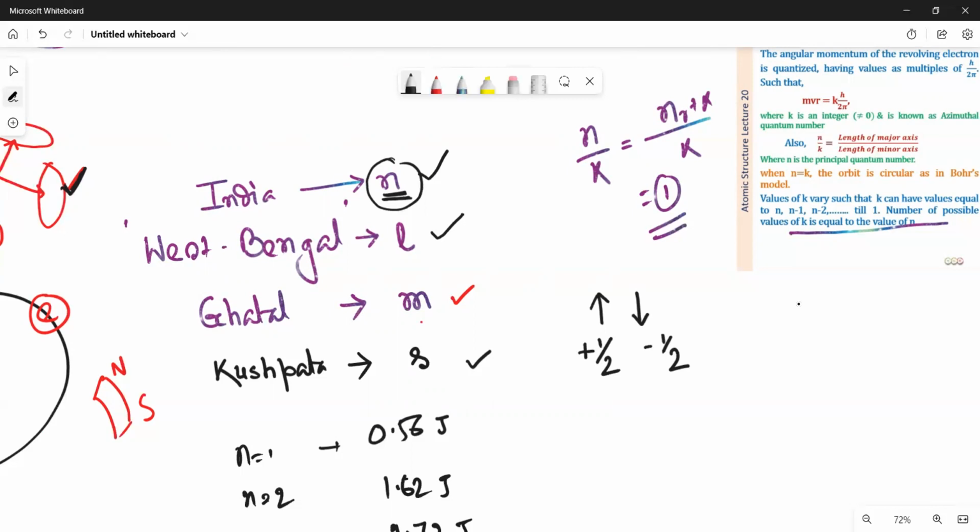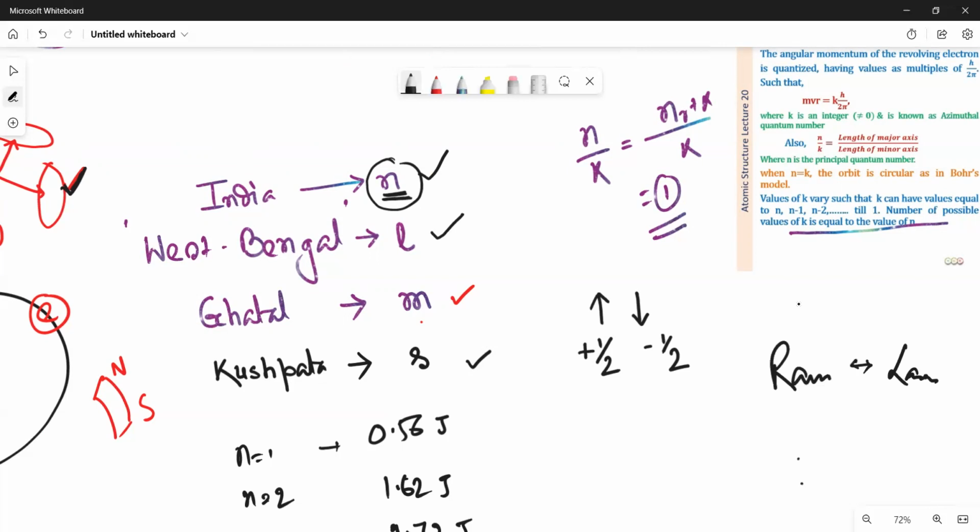I mean, if I want to locate a person, think that this is Ram and another person, this is Lakshman. I am telling that he is living in India, he is in West Bengal, his place is Ghatal, and then I locate another place, Puspata or something. Now, how to differentiate this Ram and Lakshman, right?